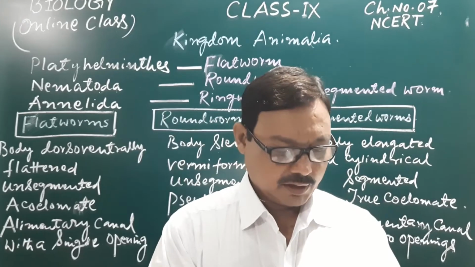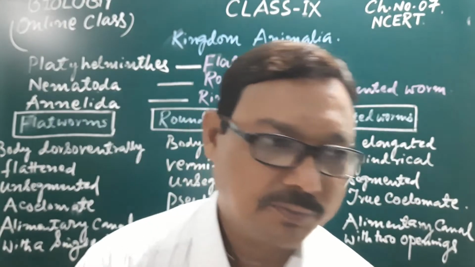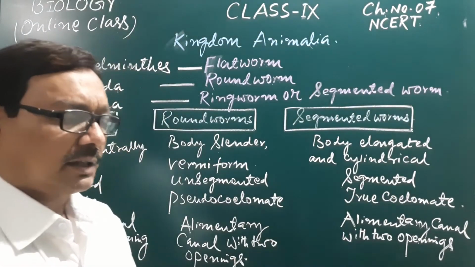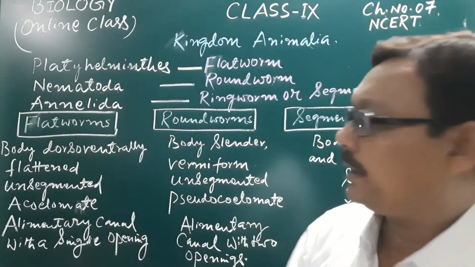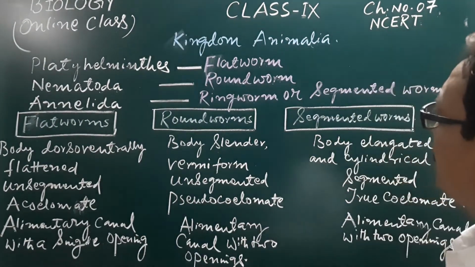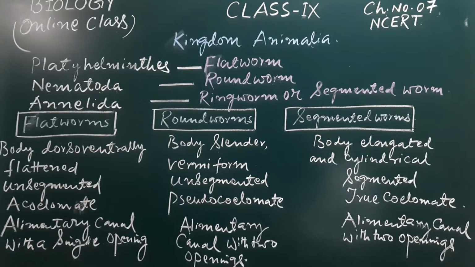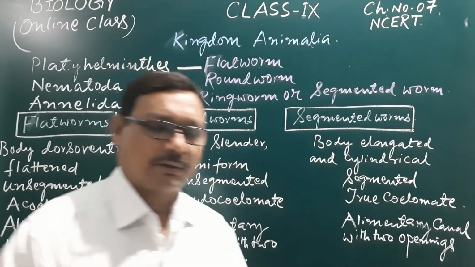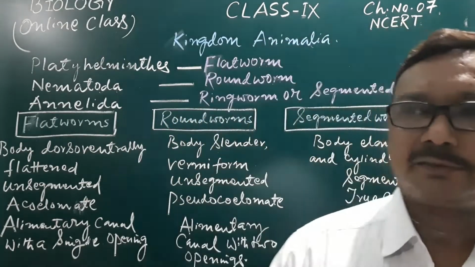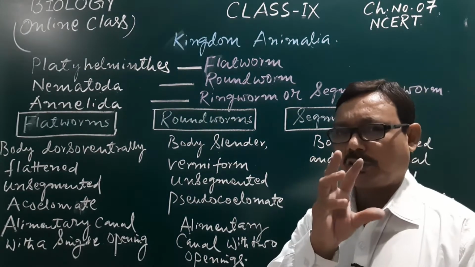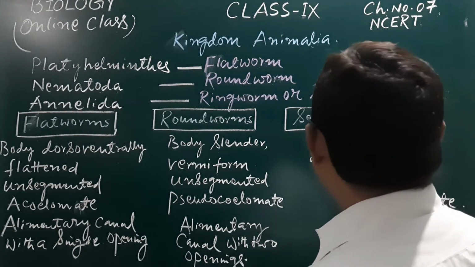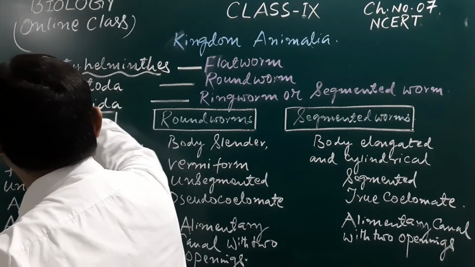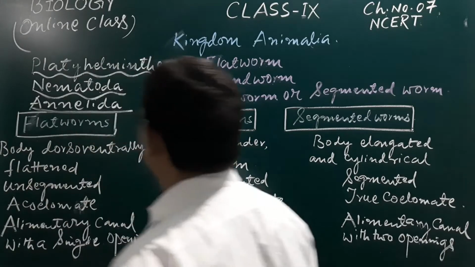Students, in the last class we studied the different phyla related to the kingdom Animalia. Besides the phylum Porifera and the phylum Coelenterata, we studied 3 more phyla: Platyhelminthes, Nematoda and Annelida.